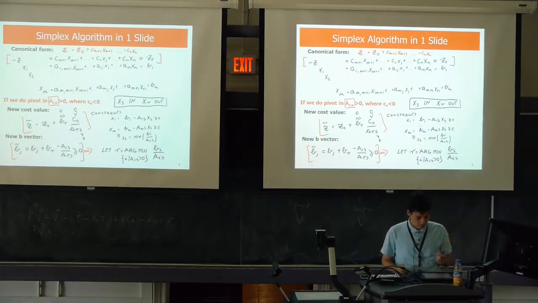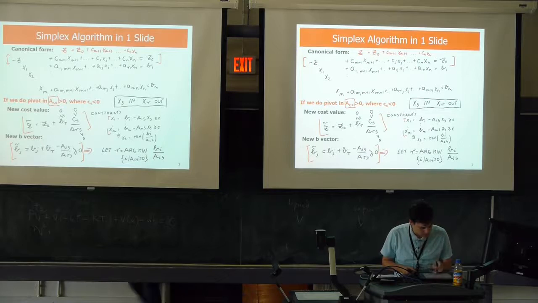When we do a pivot, we want all the variables x_1 and so on to x_n to be non-negative. The non-basics are already 0, so we have constraints only on the variables x_1 and so on to x_m.